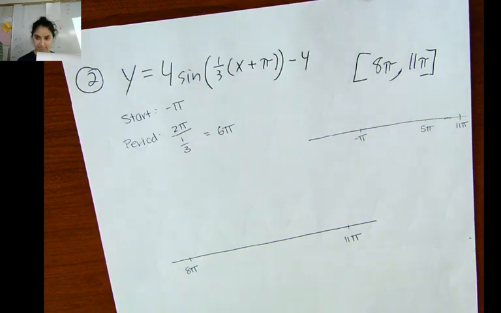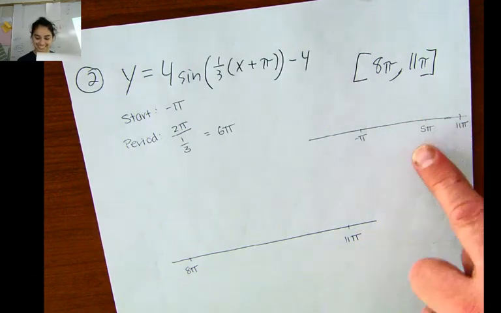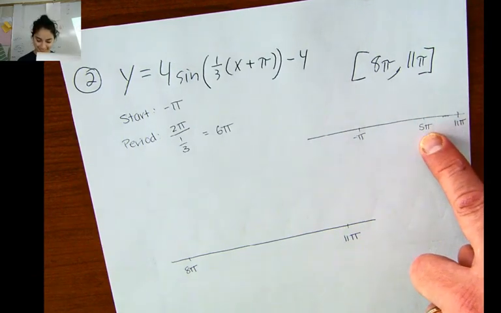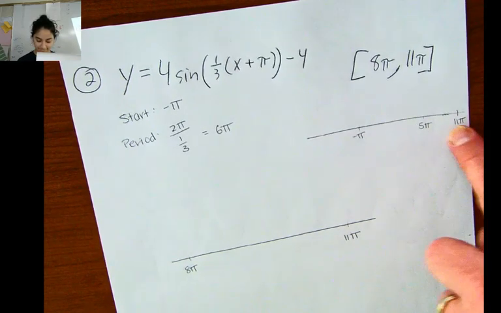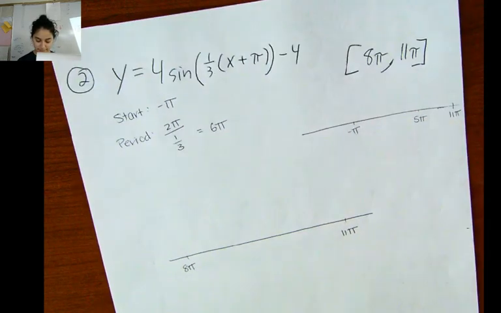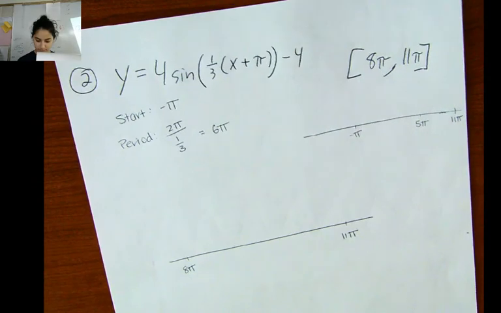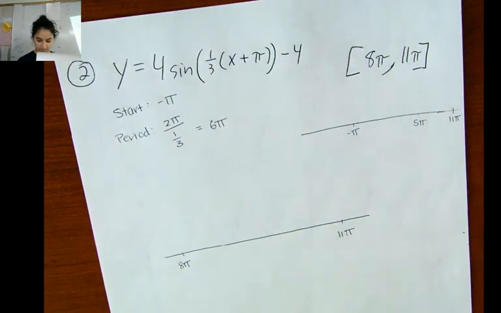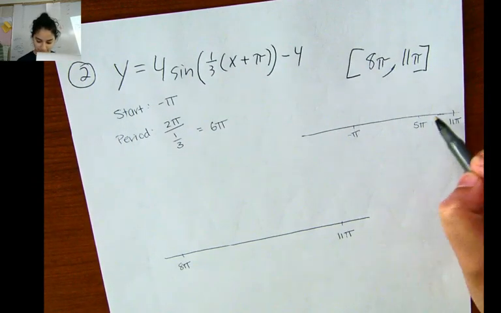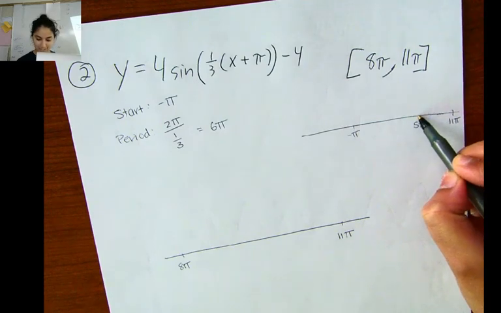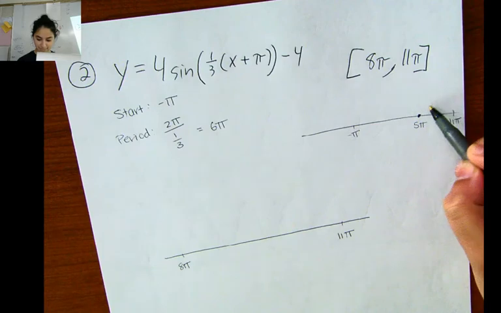What would be the best way to do this? Let's just do a little mock graph here. If we know that a period starts here and ends here, what would the graph look like from 5 pi to 11 pi? Just a quick little sketch. Keep in mind it's a sine graph. You would start on the line, and then up, down.